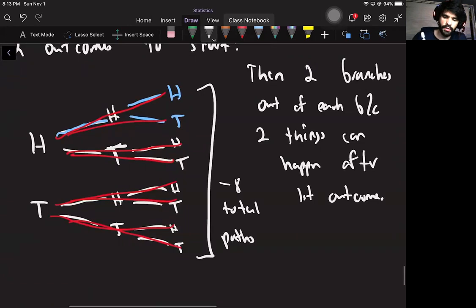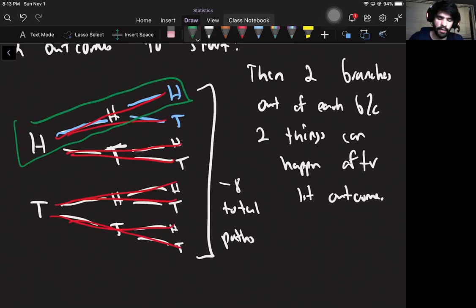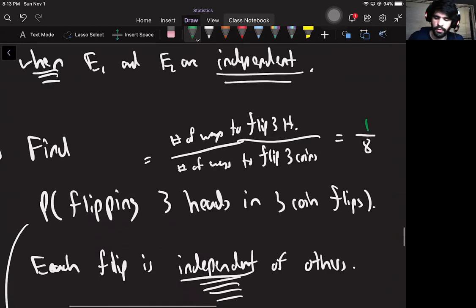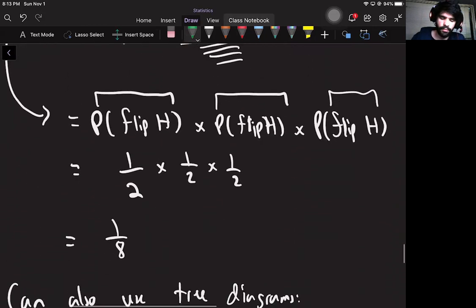The only way is if I happen to get heads. The other paths don't have 3 heads in a row. So there's only one way to do that. 3 heads in a row. So that's going to tell us that this top number is 1. There's only one way to do that. So either way, you get 1/8, which is good because math is consistent.